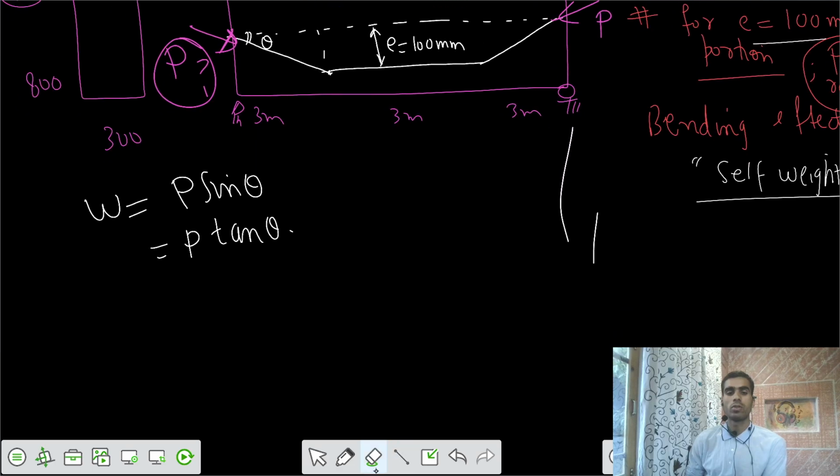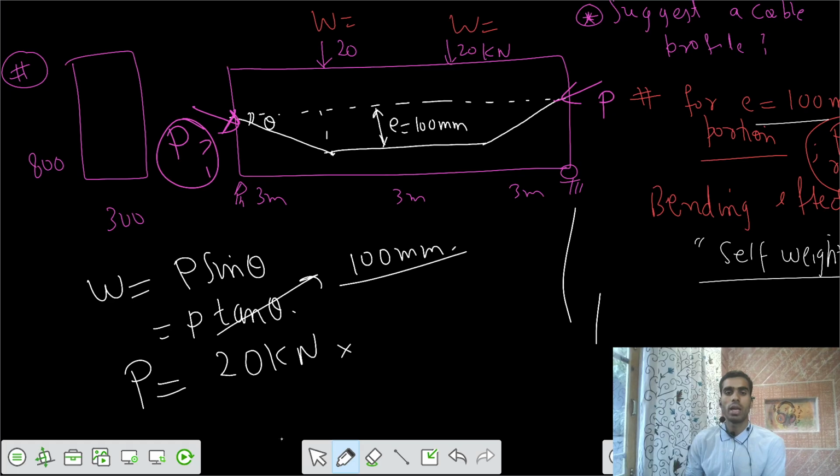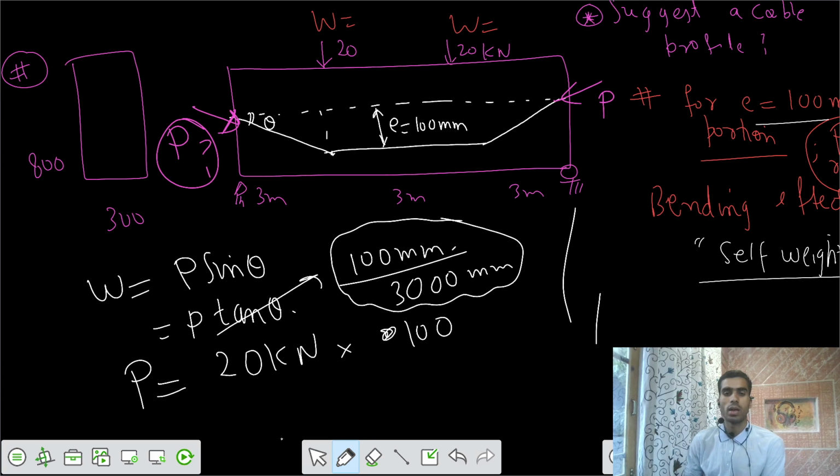P required is equal to W, which is 20 kilonewton, divided by tan theta, and tan theta equals 100 millimeters divided by the length of 3 meters, that is 3000 millimeters. So tan theta is 100 by 3000.